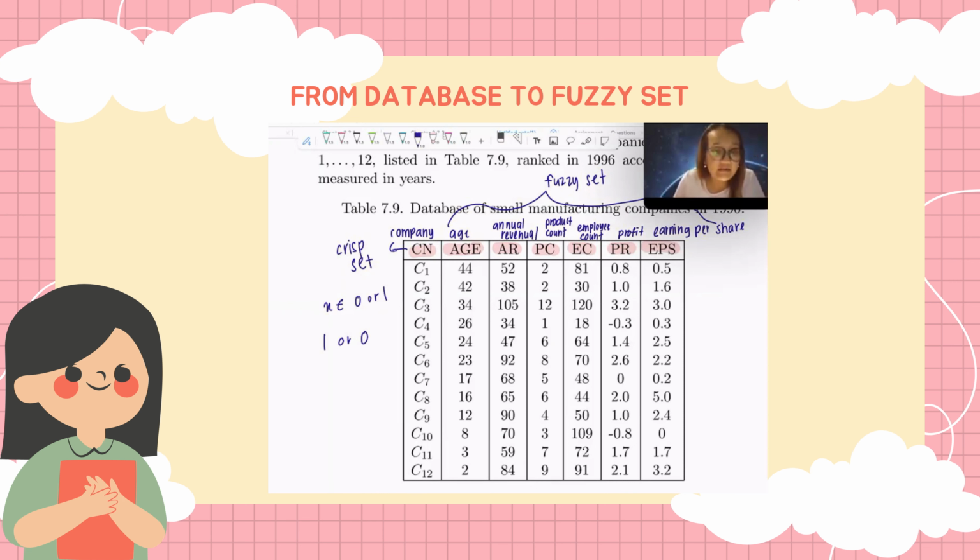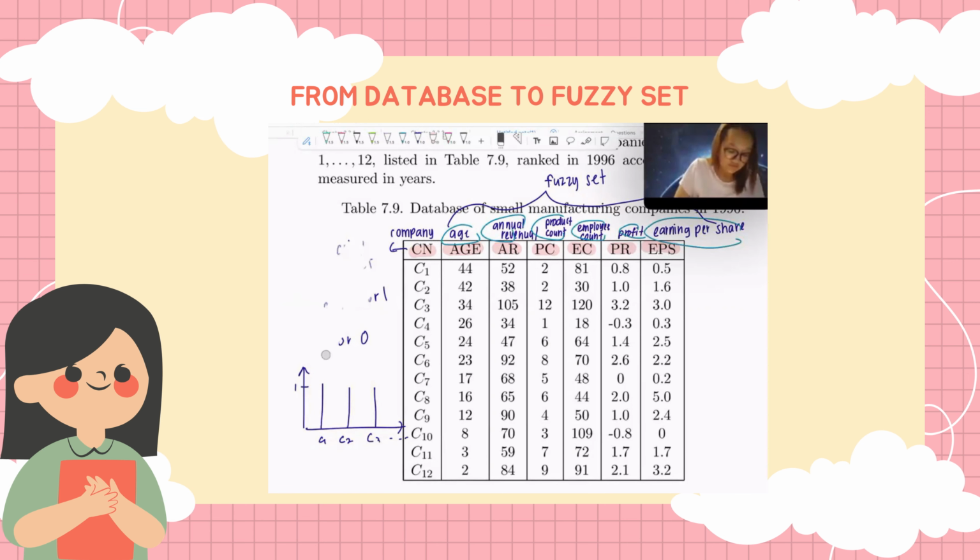That means that all companies in the crisp set are equal to 1. So if we draw the graph, everything will be at 1 like that, because we do not include companies that do not exist anymore. But here we only focus on the fuzzy sets, which are age, annual revenue, product count, employee count, profit, and earnings per share, to gain our goal.